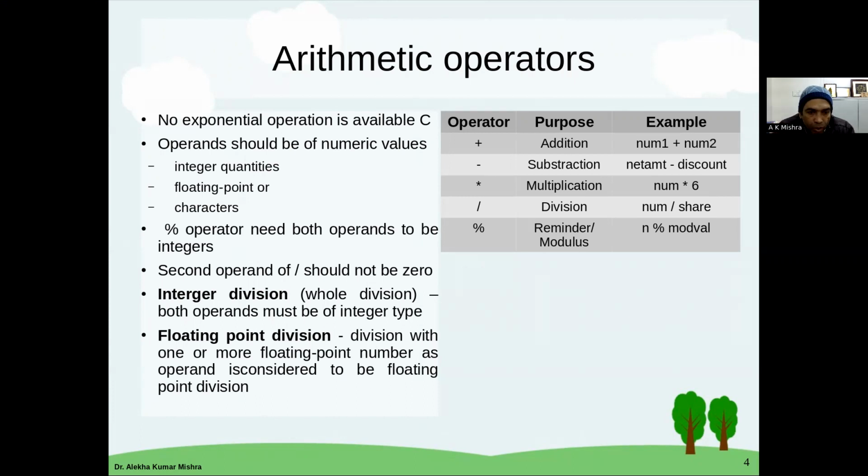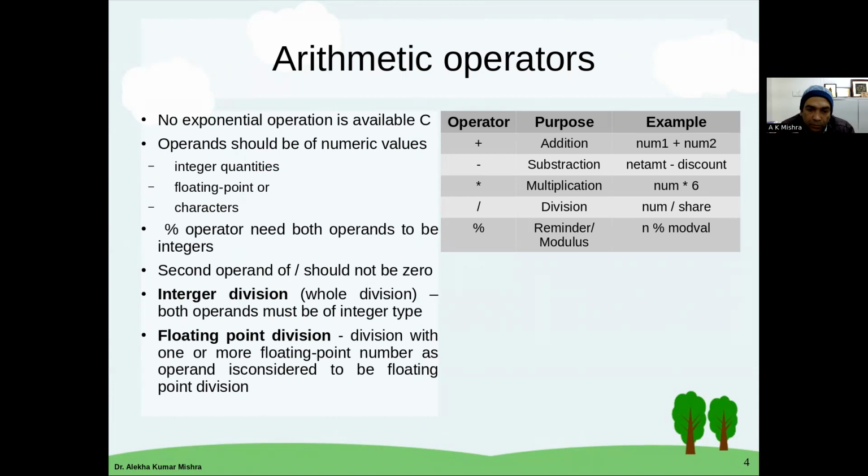Whereas in floating point division, you will have the decimal part. The values depend upon how many decimal places are calculated, and they will be there as part of the result of the floating point division. To perform a floating point division, you have to make sure that one of the operands, either the numerator or denominator, is a floating point type, which can be a double, a float, or a long double.